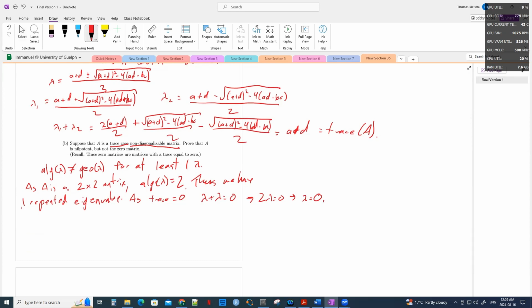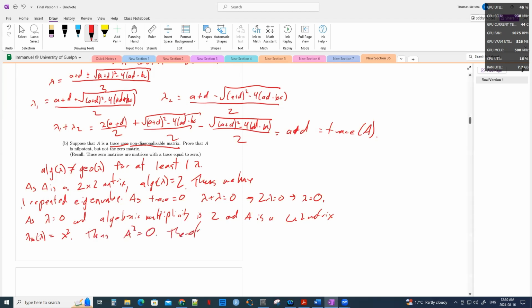Now, because lambda equals 0 and the algebraic multiplicity is 2, and A is a 2 by 2 matrix, the characteristic polynomial of A is equal to x squared. Thus, A squared equals 0. Therefore, A is nilpotent.